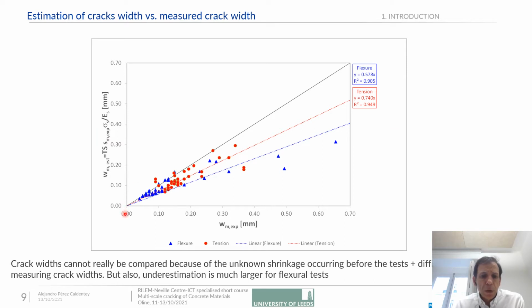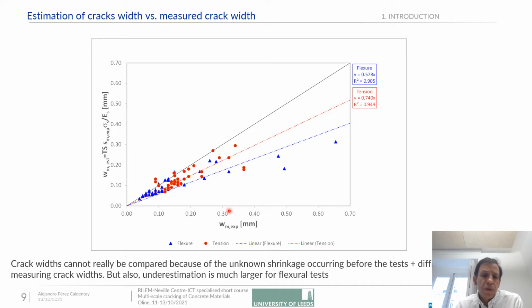If we now plot the experimentally measured crack width against a crack width which is estimated on the basis of measured values, such as mean crack spacing and the tension in the reinforcement at the crack, and we multiply this by an estimated tension stiffening factor, you can see first of all that this evaluation is underestimating the actually measured crack width.